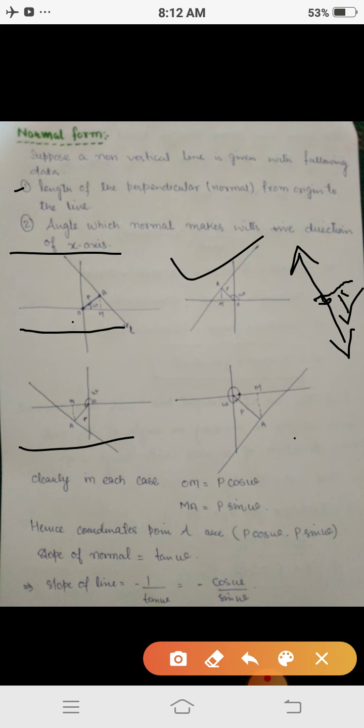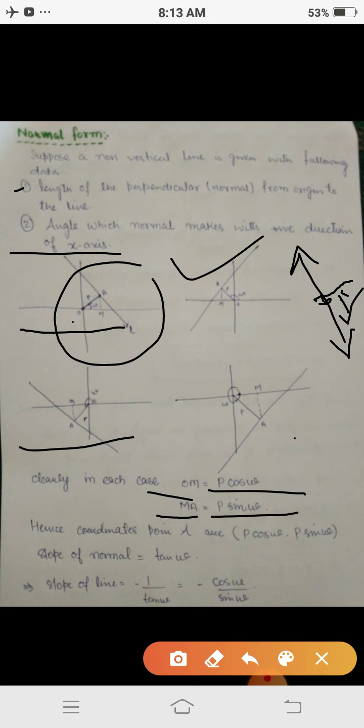Now consider triangle OMA. We have two things given: p, the length of the hypotenuse, and the base angle, that is the angle which it makes with the positive direction of the x-axis. So in this triangle, clearly OM, the base, equals p cos omega, and the perpendicular MA equals p sin omega.